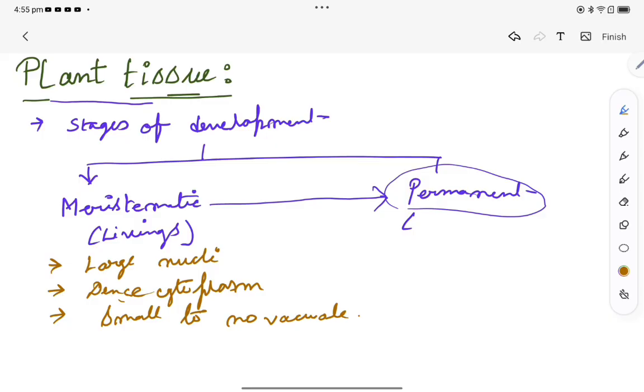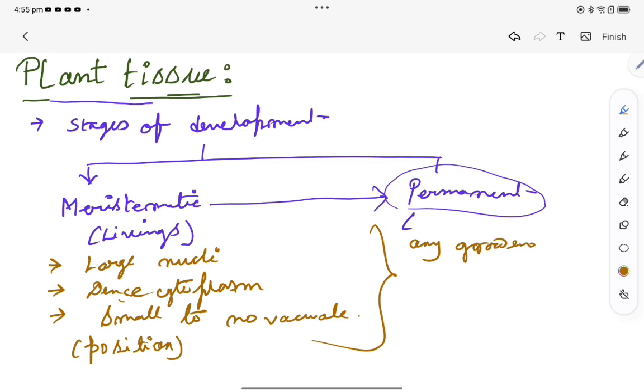Now we will learn how we will differentiate meristematic tissue based on position. Now where can we find meristematic tissue? We can find meristematic tissue in any growing tips of a plant.